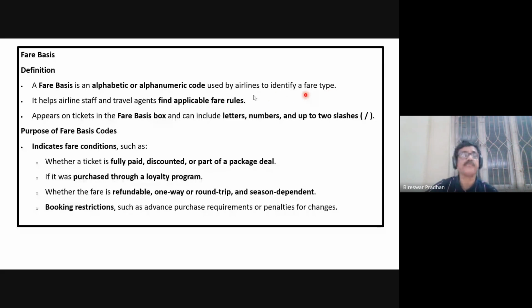It helps airline staff and travel agents find applicable fare rules. It appears on the ticket in the fare basis box and can include letters, numbers, and up to two slashes.